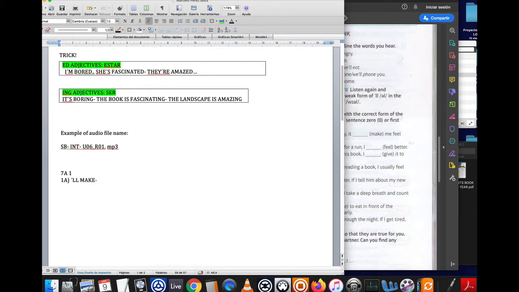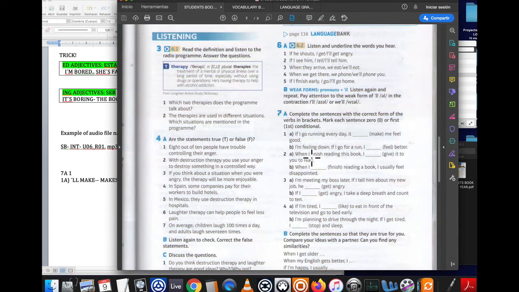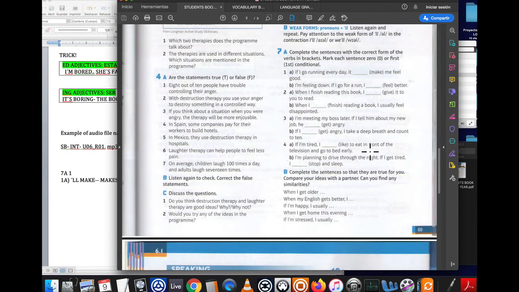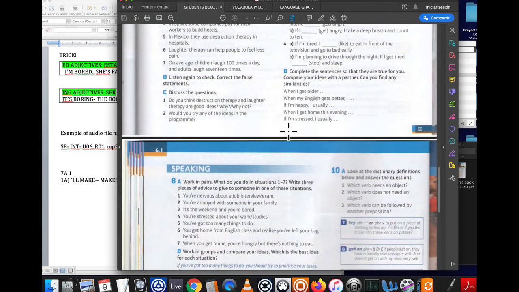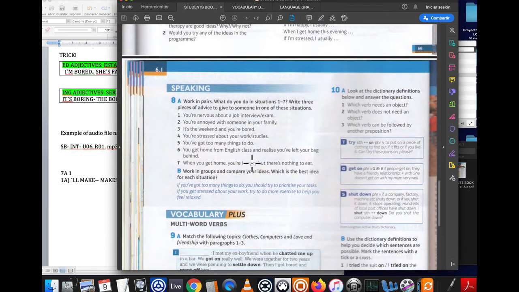Or, if you decide that it makes, porque es un it, ojo, y así, I'm feeling down, if I go for a run, I feel better. So, una es 0 y la otra es 1, ¿ok? No hace falta que me pongan 0 o 1, yo lo entiendo, ¿ok? Este B no lo hacen. Después acá hay un speaking y no lo hacemos.